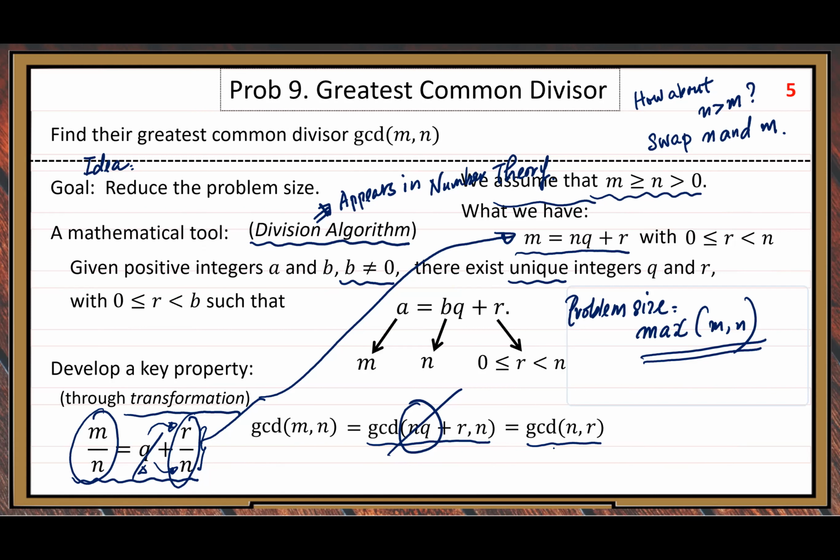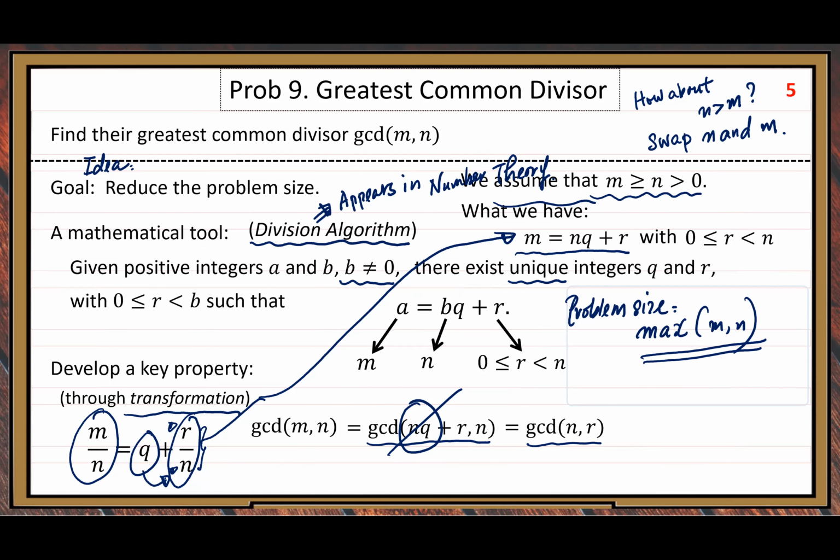Because the GCD is the greatest common divisor, right? When we do cancellation, we cancel the greatest common divisor. m over n, if you want to make this fraction as simple as possible, you cancel out the greatest common divisor, right? But that quotient part q is an integer. The integer part has nothing to do with the divisor cancellation.